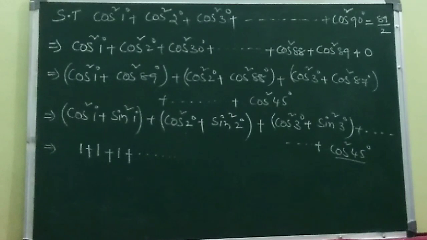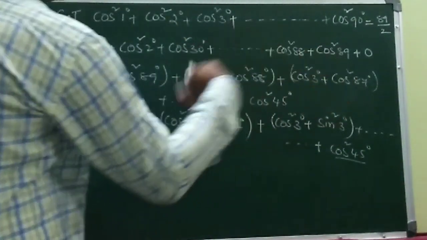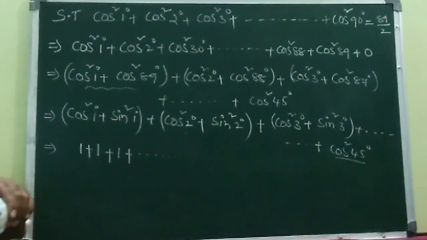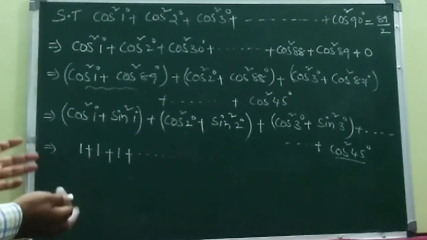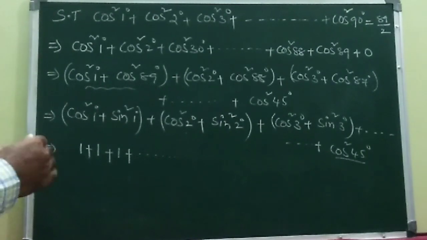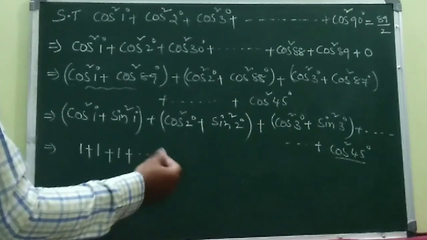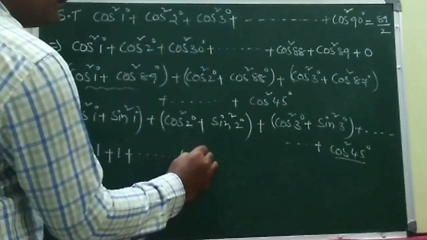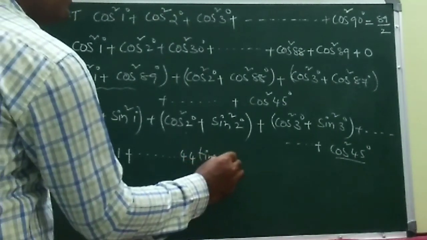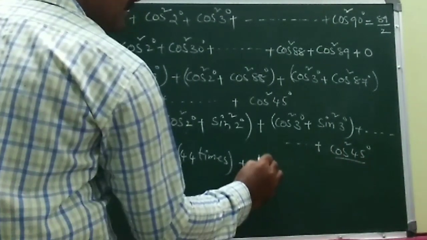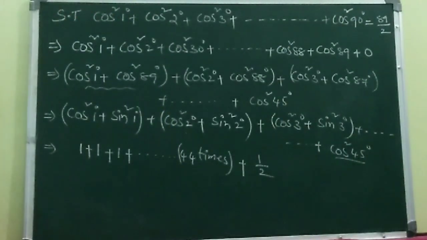So if you remove this one term, there are 88 terms. Then these 88 terms can be formed as pairs, 44 times. We can arrange these 88 terms into 44 pairs. Hence this 1 plus 1 plus 1 will be for 44 times, and then plus cos square 45, whose value is 1 by 2.